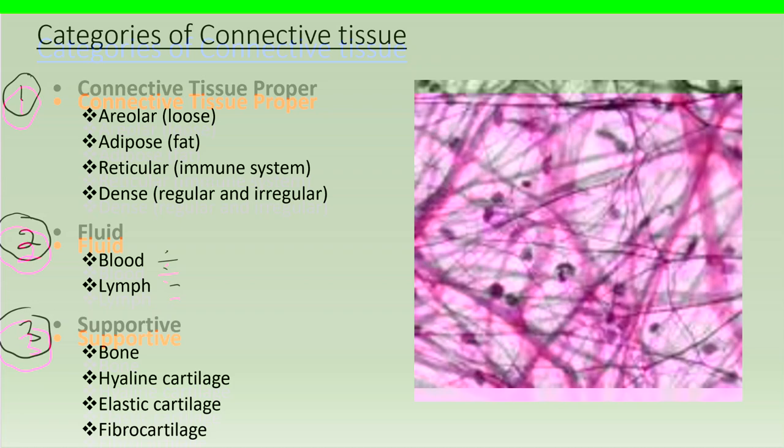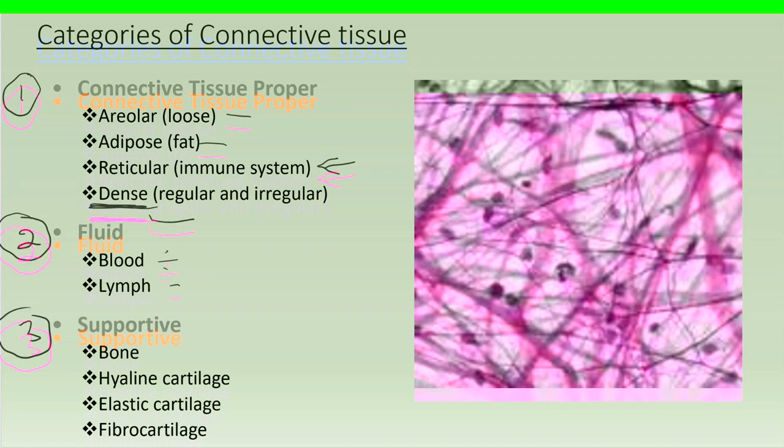Our connective tissue proper will include things like our areolar tissue, right here, also known as loose tissue. And yes, you can use areolar and loose interchangeably. Your adipose tissue is your fatty tissue, so it actually contains the lipids and fat cells. Your reticular tissue is used a lot for immunity. Don't worry, we're going to look at each one of these in detail. And then you have something called dense tissue because it's high in fibers.